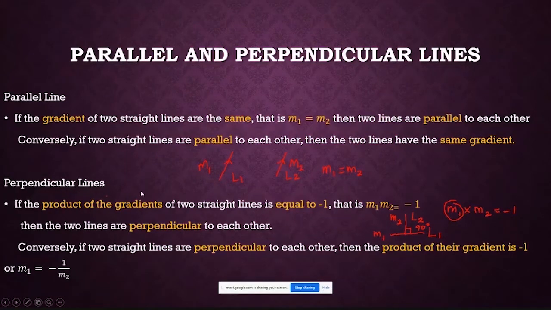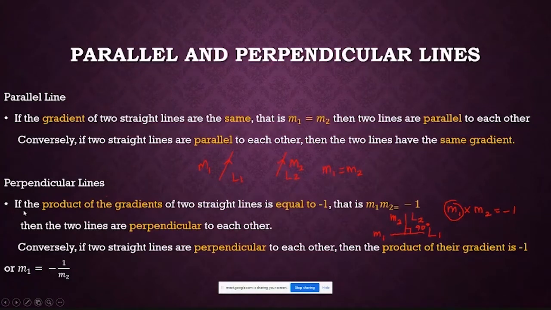Okay, for perpendicular lines, when we draw perpendicular lines, the two lines will intersect each other at 90 degrees, or a right angle. So the gradient of the first line L1 is M1, and the gradient of the second line is labeled as M2.